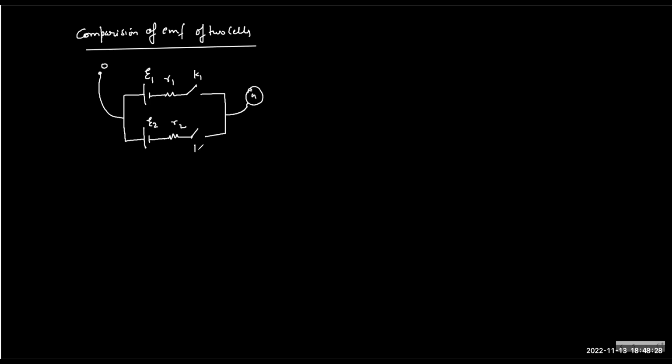You can say key K1, key K2. So this is the circuit given to you. And how they mention the question, they will tell you when K1 is closed and K2 is open, then which cell will be part of the circuit and which will not be part of the circuit?